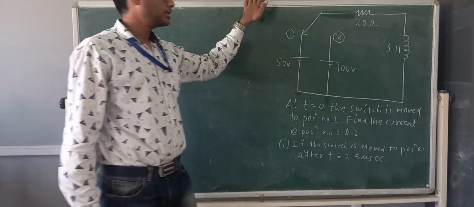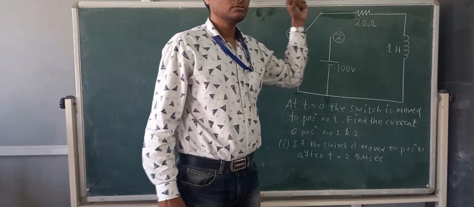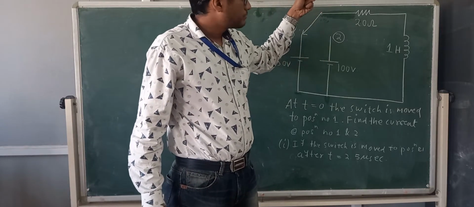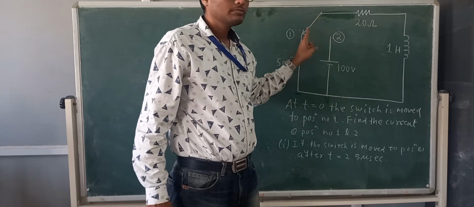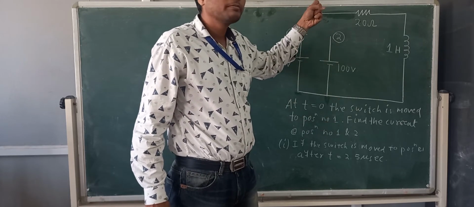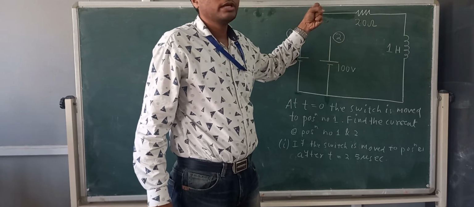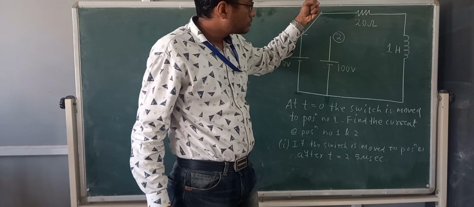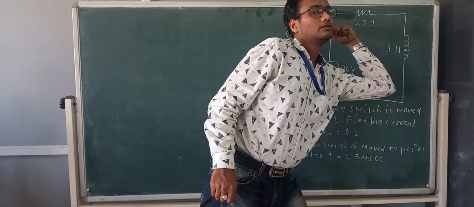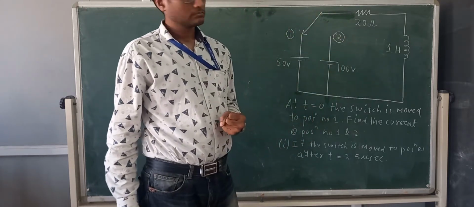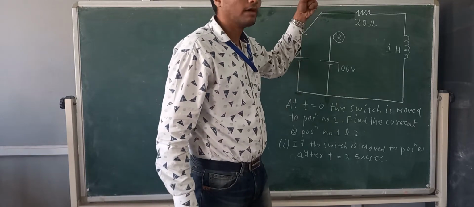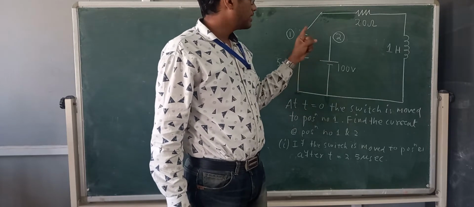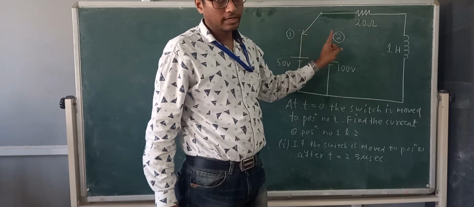He is telling that initially at t equals 0, the switch is at position number 1. For t up to 2.5 microseconds, we have to find the current. After 2.5 microseconds, the switch is moved from position number 1 to position number 2. So we have to find the current at position number 1 and position number 2.